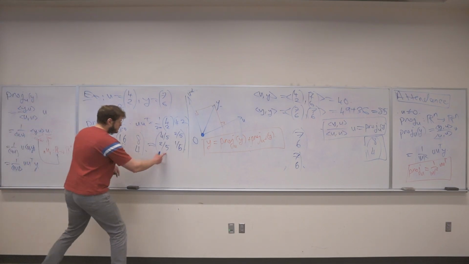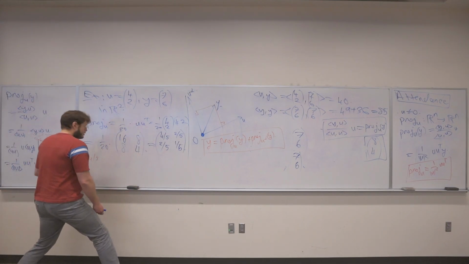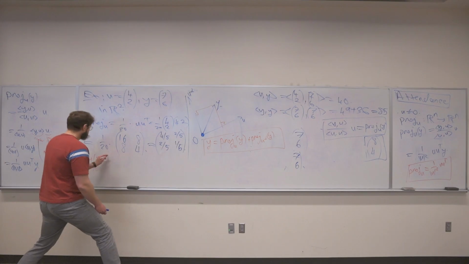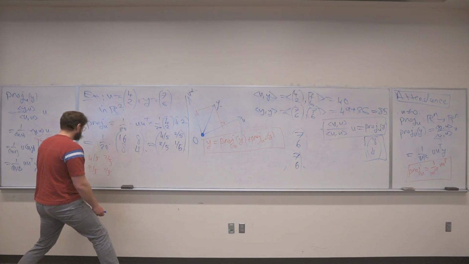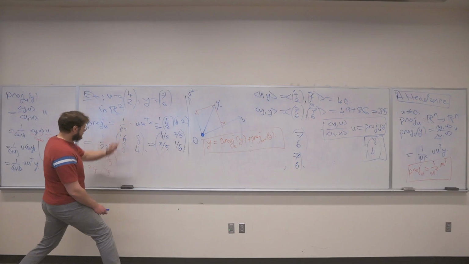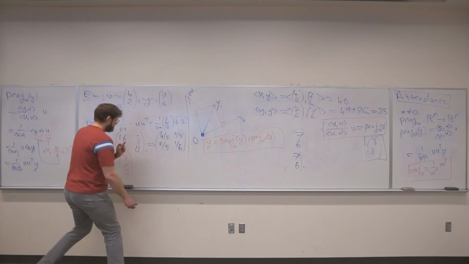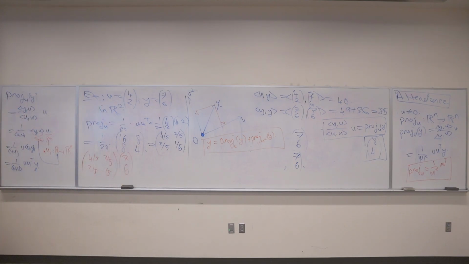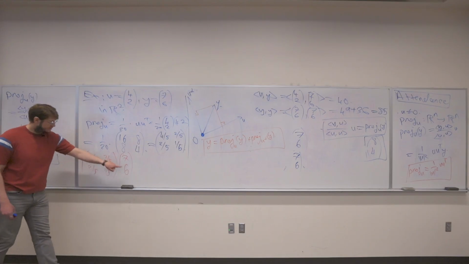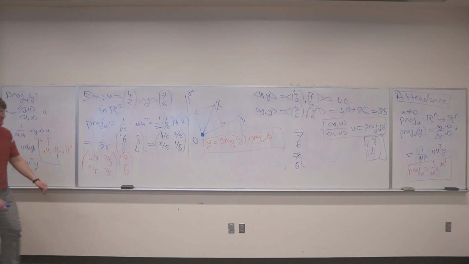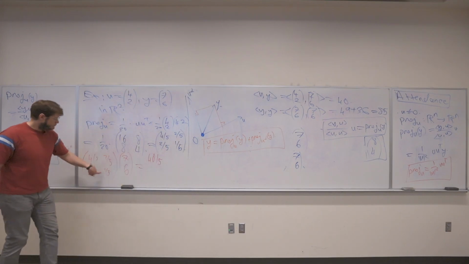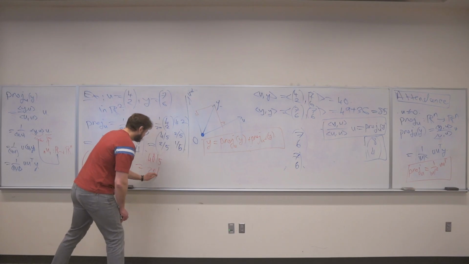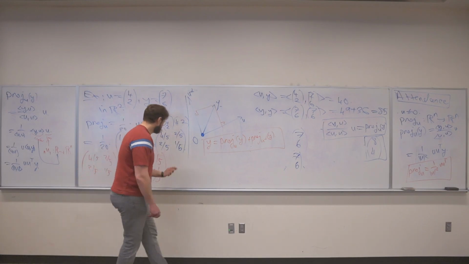So let's do it. 4 over 5, 2 over 5, 2 over 5, 1 over 5, times 7, 6. 28 plus 12, 40 divided by 5 here. 14 plus 6, 20 divided by 5. As you see, we again get 8, 4.